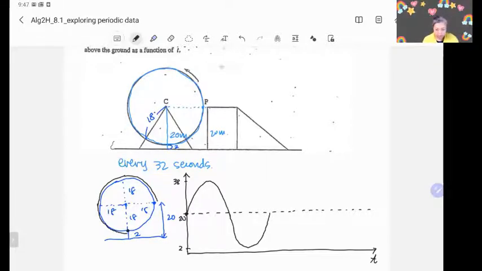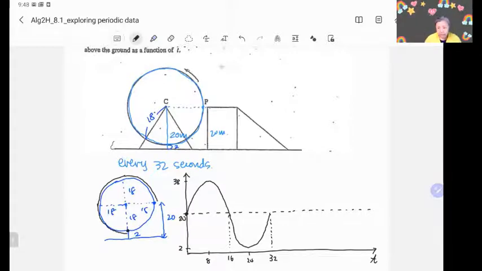How long does one revolution take? 32 seconds here. So the middle is 16, and this is 8, and the middle of the second half will be 24, right? That's where it hits the minimum.